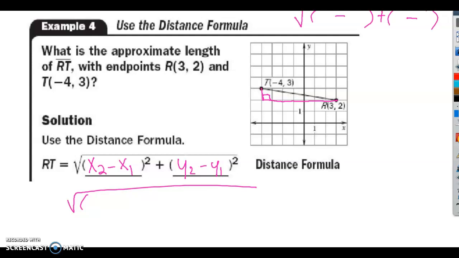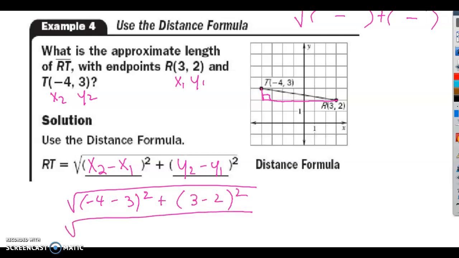So here's x1, here's y1, here's x2, here's y2. So let's go ahead and plug those numbers in. Negative 4 minus 3 squared plus 3 minus 2 squared. Now this is negative 4 minus 3 is negative 7, and that is a quantity that's squared.